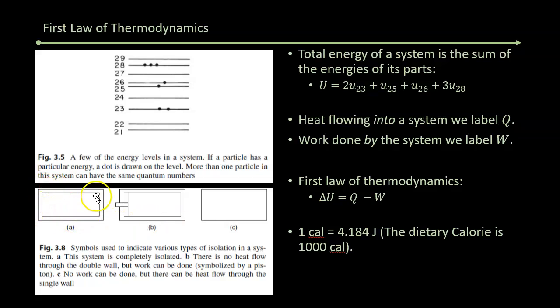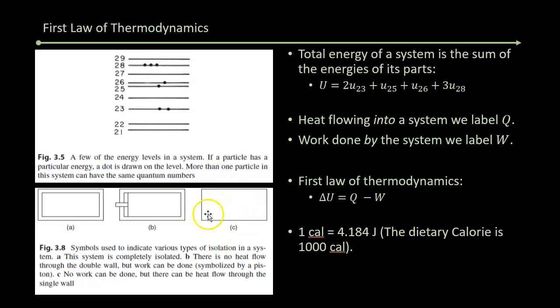The double wall of this box means it is thermally isolated from its surroundings. Here, there's a thermal isolation, but work can be done because there's this piston that can introduce work into the system.